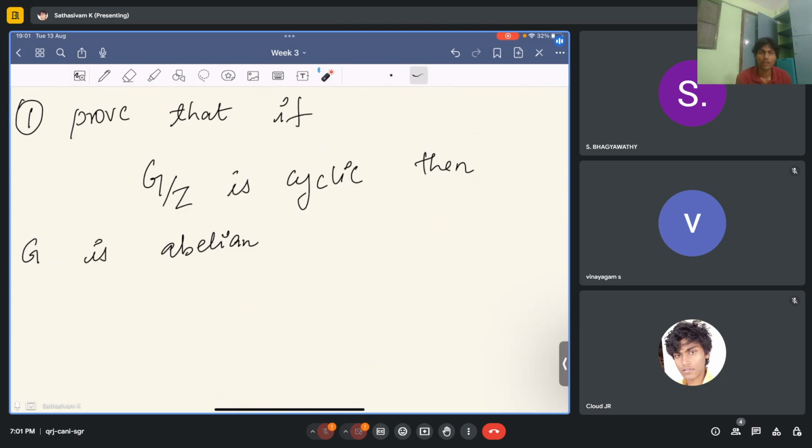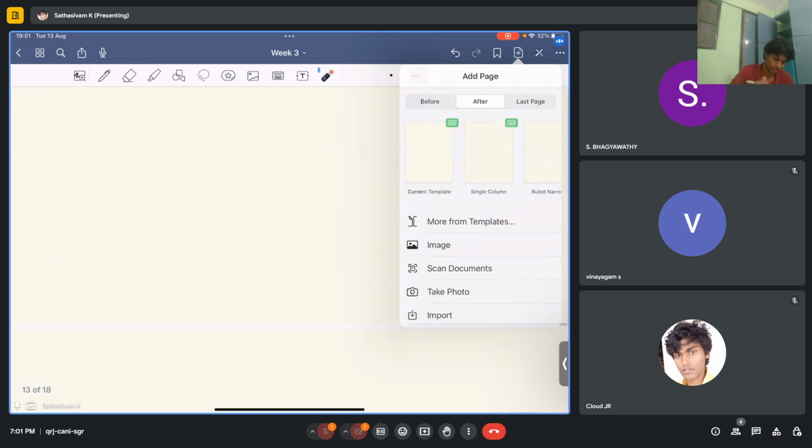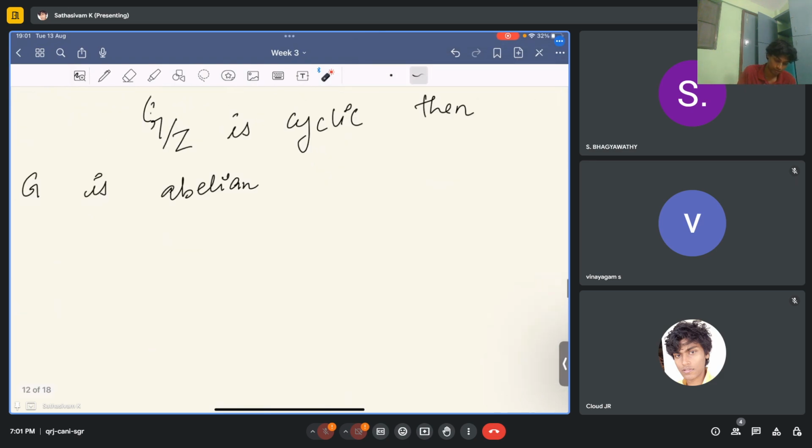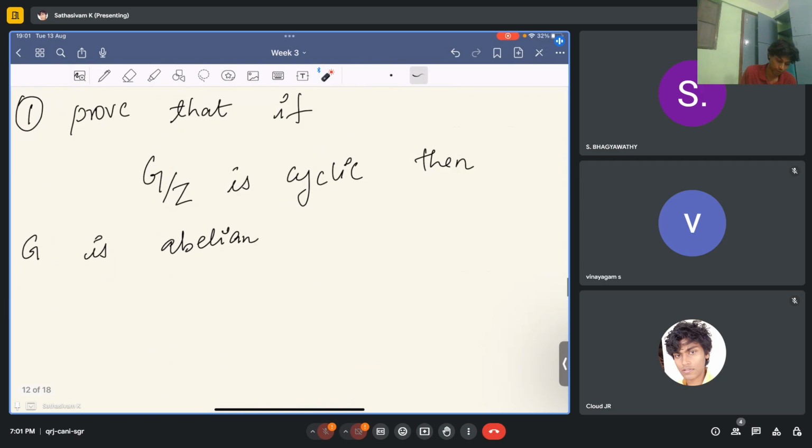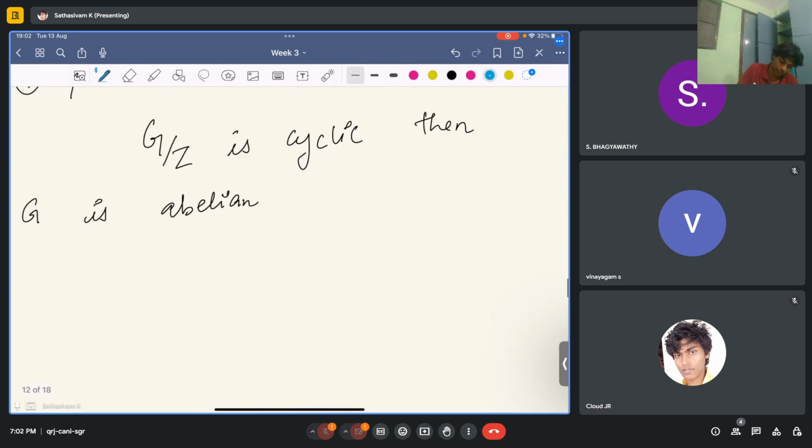This is again one of the important questions, and it is actually useful also. Probably after proving this, I will tell a little bit of a story about it. But let's try to prove it. The question says: prove that if G by Z is cyclic, then G is abelian. You know what G by Z is, right?